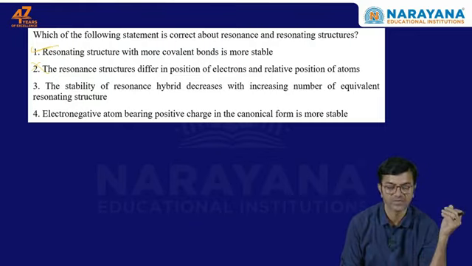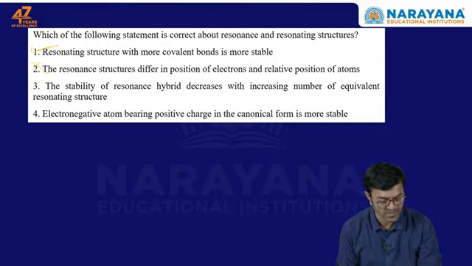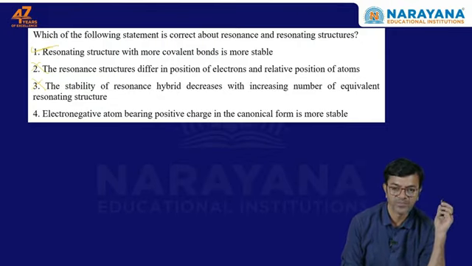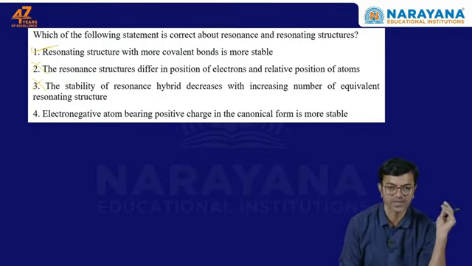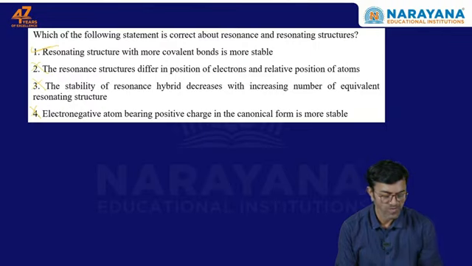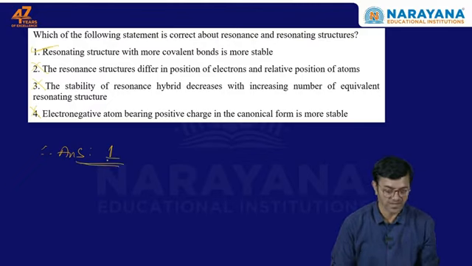It is actually the reverse. The more the equivalent structures, the more is the stability of the resonance hybrid. So the third one is also incorrect. Electronegative atom bearing positive charge is more stable. That is incorrect, because if the more electronegative atom carries the negative charge, then that will be more stable. So the fourth one is also incorrect. So as per this question, the first answer is correct.